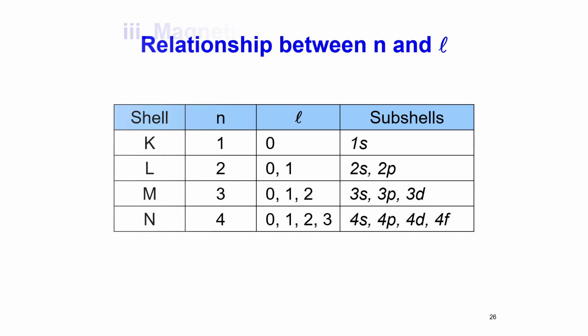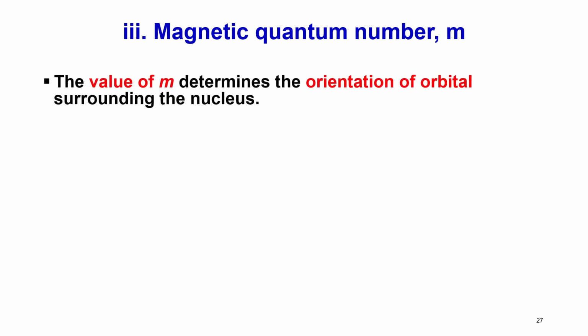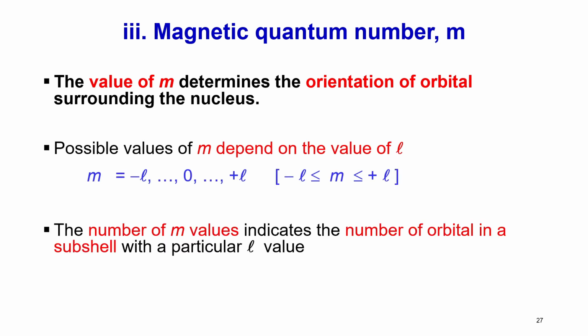Next, the magnetic quantum number m. The value of m determines the orientation of orbitals surrounding the nucleus. The possible values for m depend on the value of l. If l is equal to 1, the permitted values for m are negative 1, 0, positive 1.